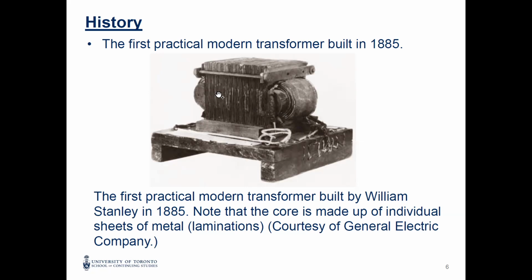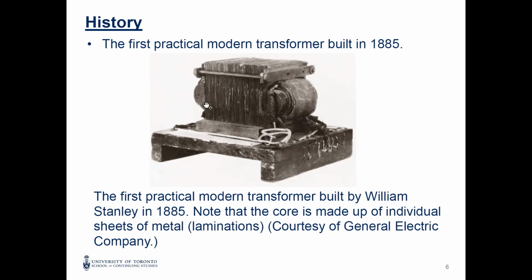As you know, one of the knowledge questions is why the transformer cannot work with the DC. One thing you can notice here is the core of the transformer, and you can see the windings here on the two sides.